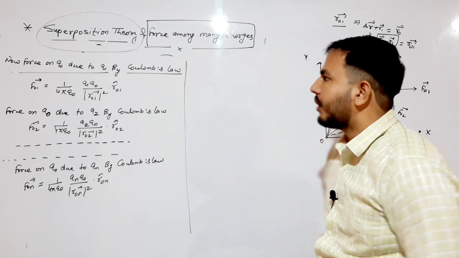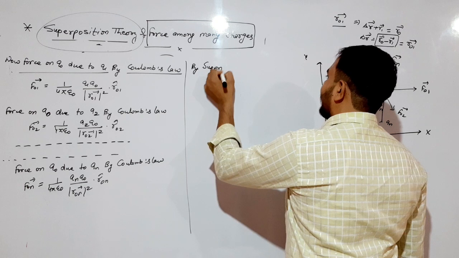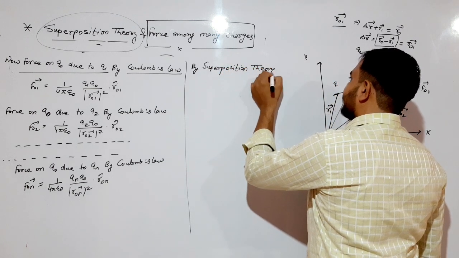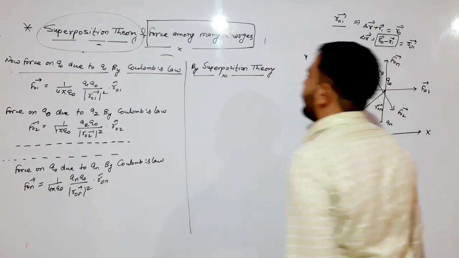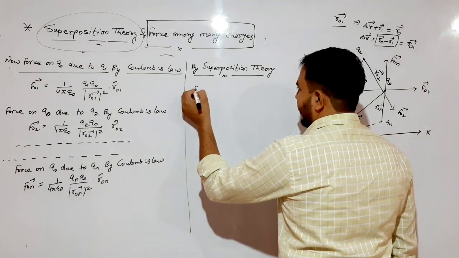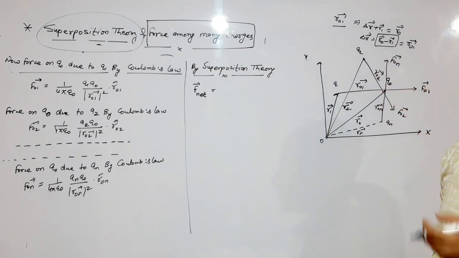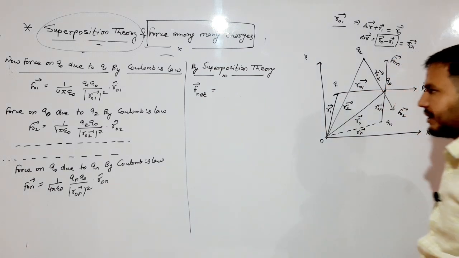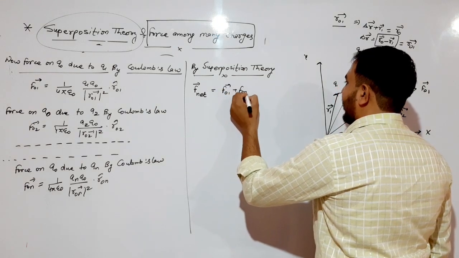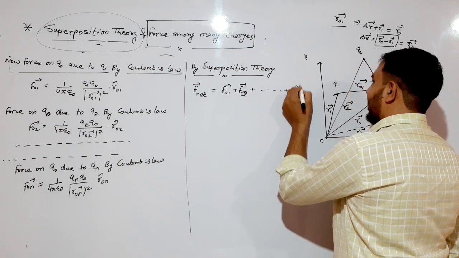We know that according to the superposition theory, what is the superposition theory? Superposition theory is only that the resultant of many forces is equal to the vector addition of all the forces: F01 vector plus F02 vector plus up to plus F0n vector.